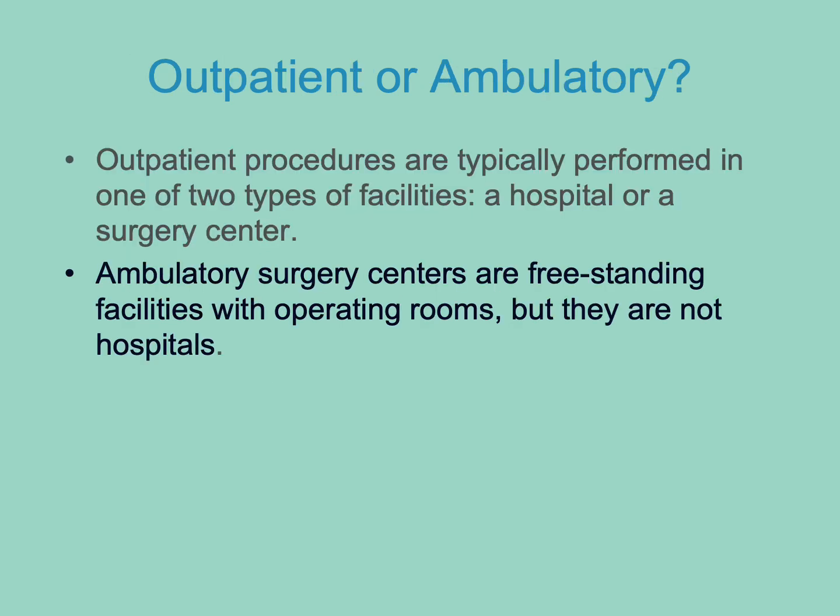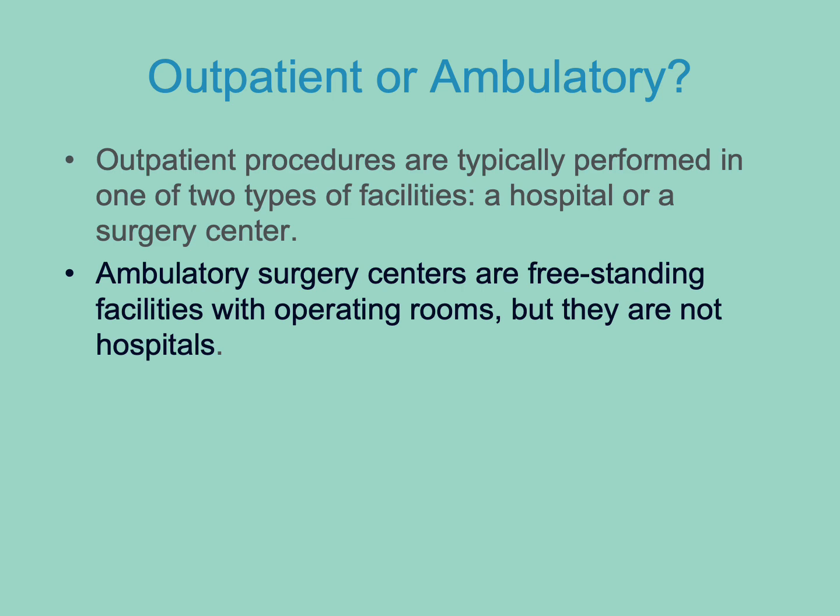Okay, so some of the guidelines concern specific types of services. So this is outpatient or ambulatory. Some of the guidelines mention these specifically. So what's the difference? Outpatient procedures are typically performed in a hospital or an ambulatory center.